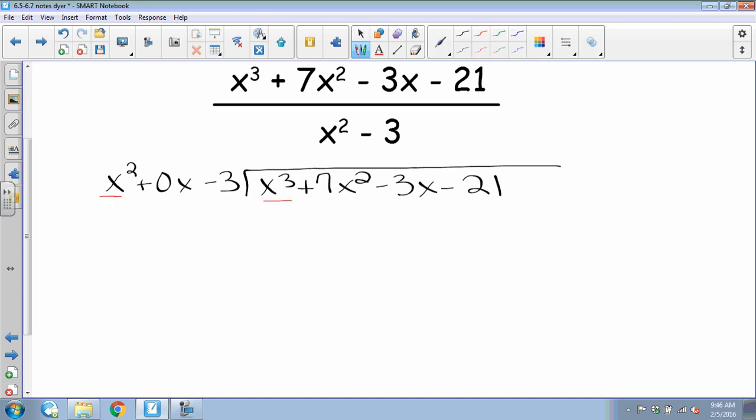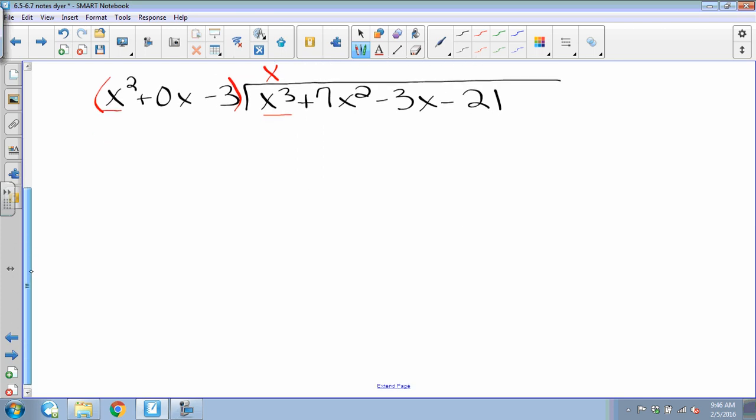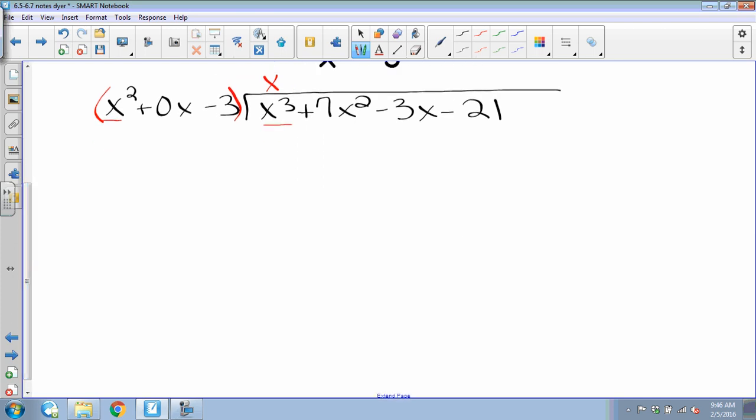X squared goes into x to the third, x times. Now remember, we're multiplying x times all of that. So x times x squared, x to the third. X times 0x is plus 0x squared.